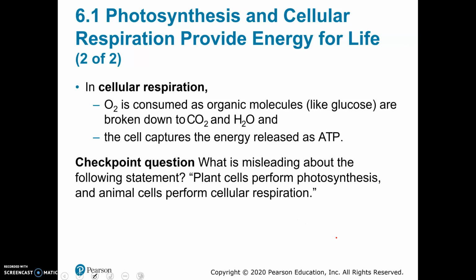And again, we just said what's misleading about this statement, that plants do perform photosynthesis, true, but plants also perform cell respiration. So don't think plants do one and animals do the other. All right, and that's where we're going to stop for today, and we're going to get into the details of cell respiration later this week.